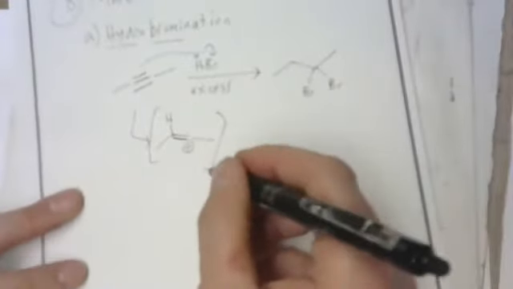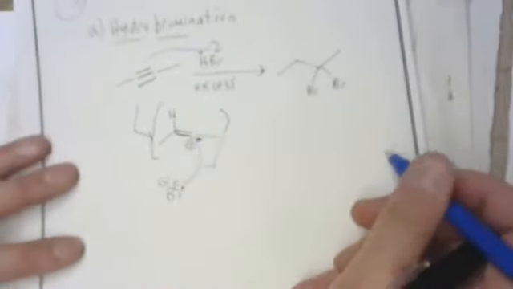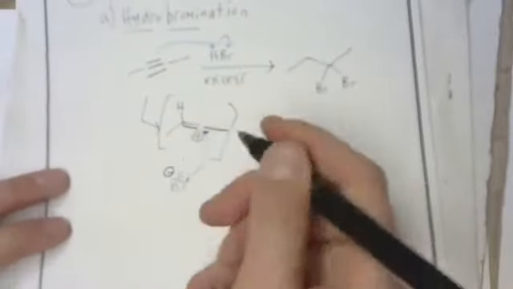That's a carbocation, a plus charge thing. Okay, and then Br minus attacks that. Br minus attacks the carbocation, just like it would attack the carbocation in an alkene reaction.